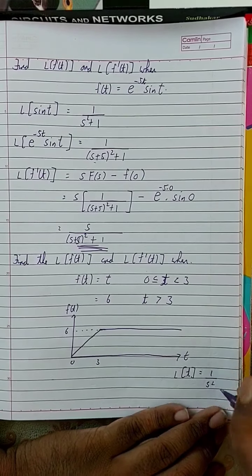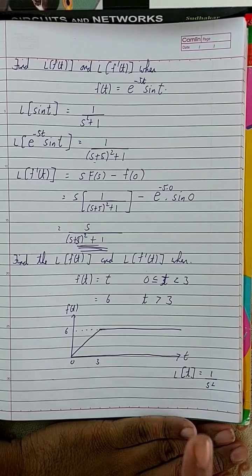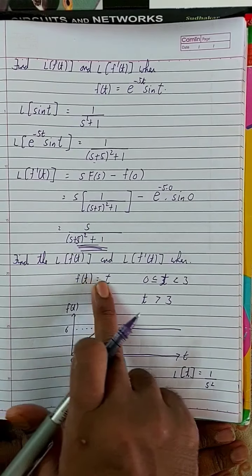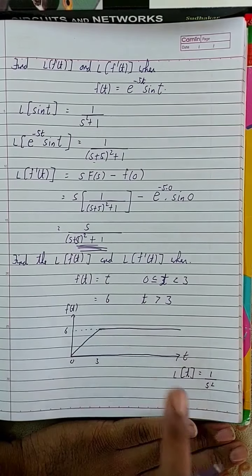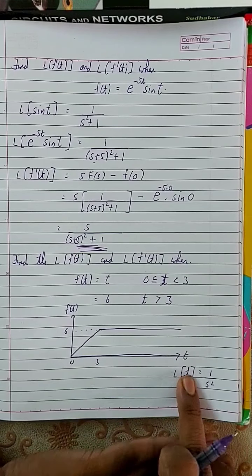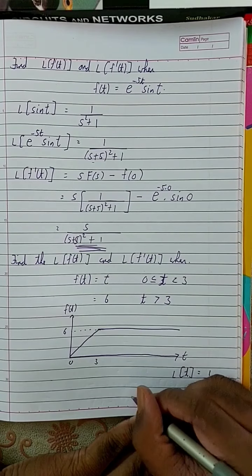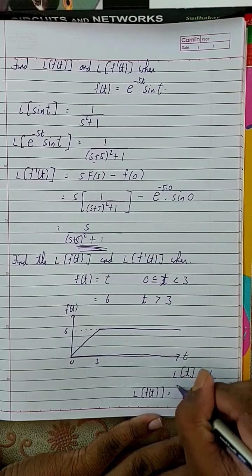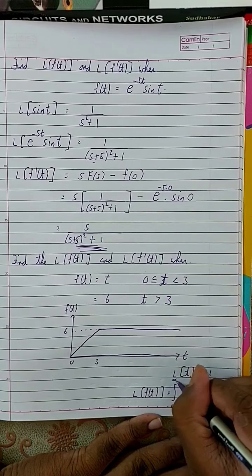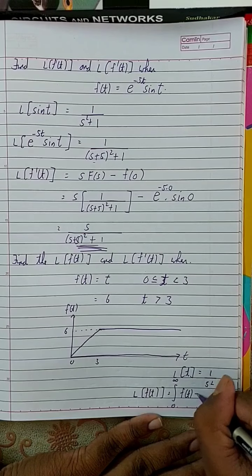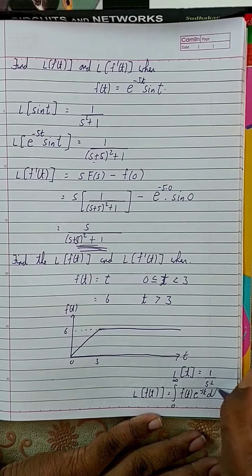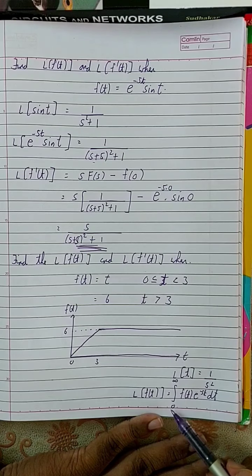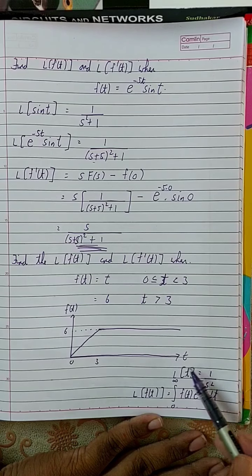We have studied that, but you cannot apply this equation over here, because when you studied this formula, your Laplace transform equation was the integral from 0 to infinity of f of t e raised to minus st. The limit is from 0 to infinity. If it was 0 to infinity, then this is your equation for the Laplace transform of t.